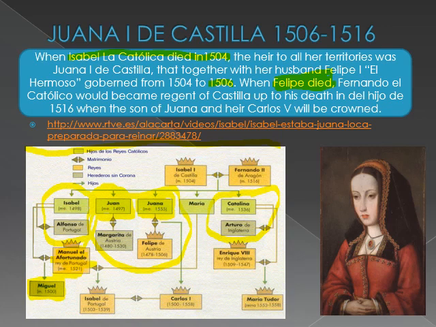When he died, the son of Felipe el Hermoso and Juana I de Castilla, also known as Juana la Loca, we'll say why, becomes the next king of Castilla and the heir of all the territories his father and mother left him.